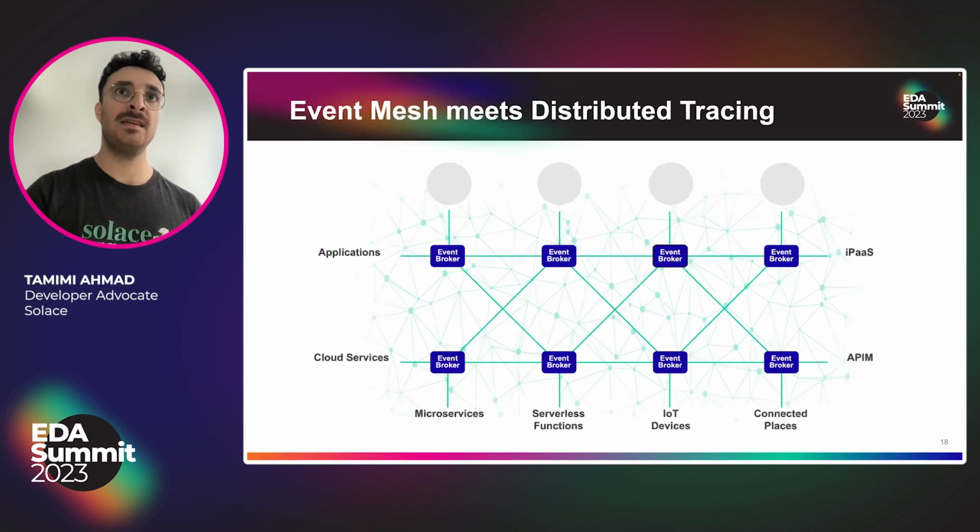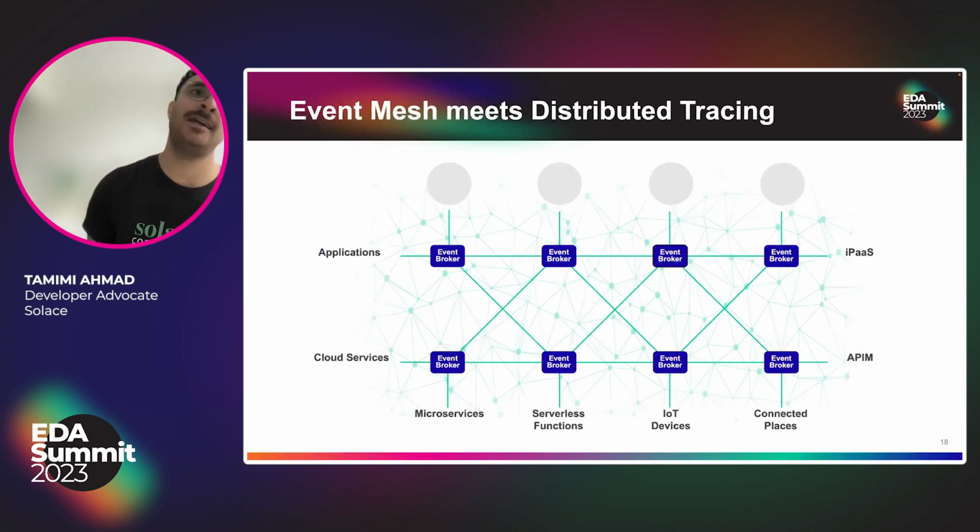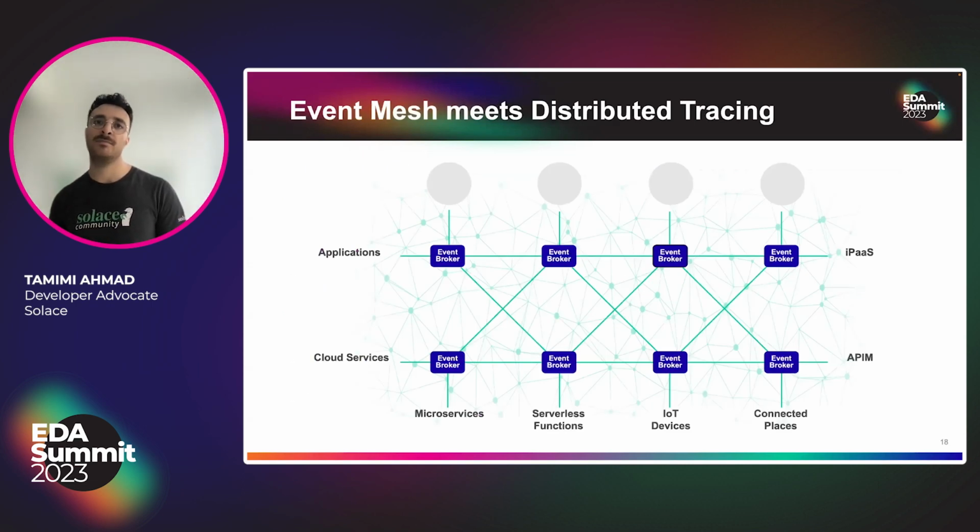So lastly, I want to step back and give you the opportunity to think of the potential use cases for this and get a bigger picture of where distributed tracing could fit in an event mesh. We use this diagram quite often to explain the event mesh in general and how the Solace broker could connect with different endpoints and entities.